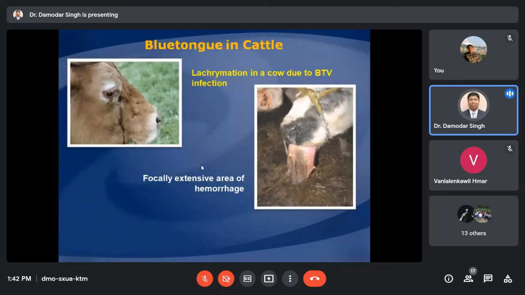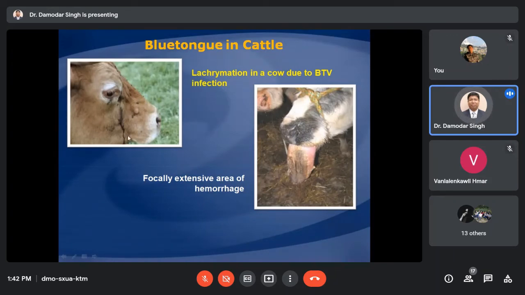Okay, and in case of cattle, of course, mostly they remain asymptomatic. Wherever they show some lesions and signs and symptoms, it may be lacrimation from the infected eyes, with conjunctivitis.